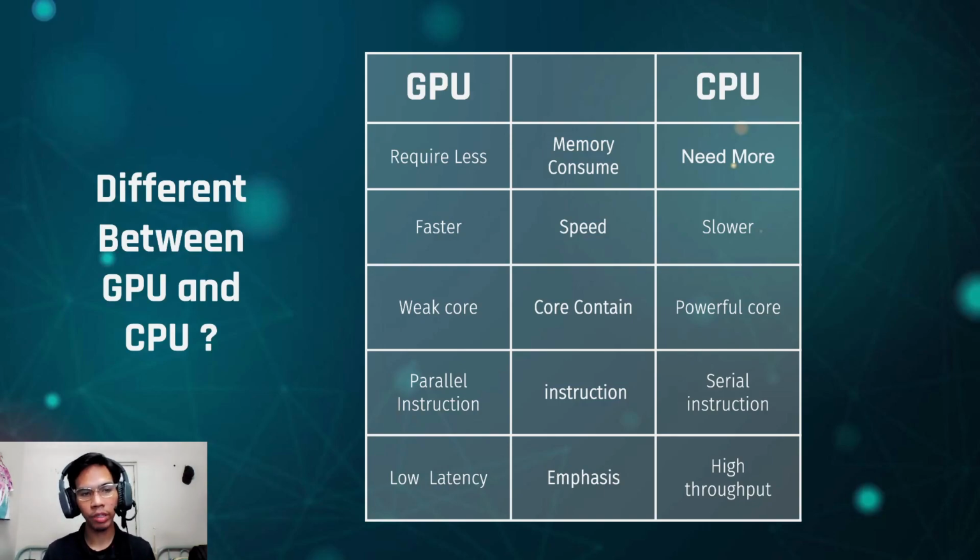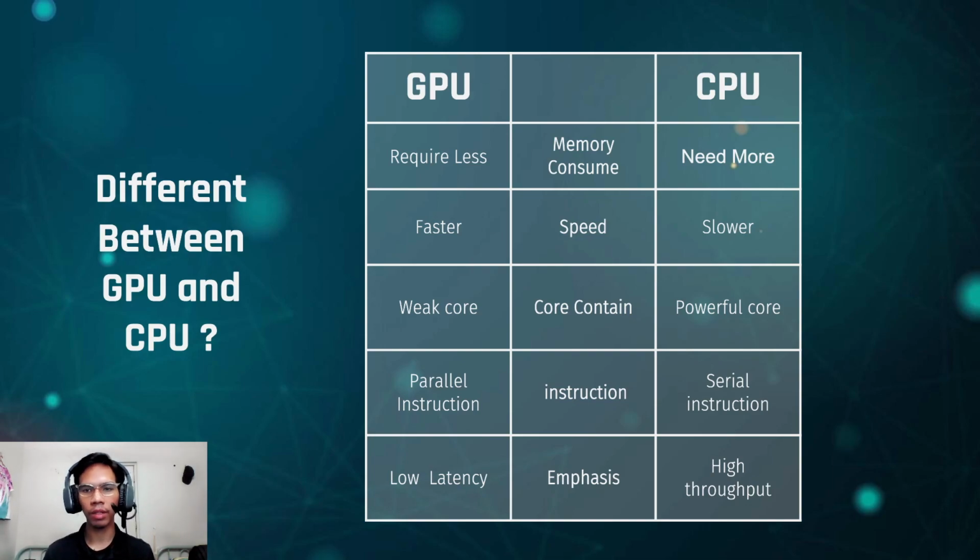Now we see the difference between the GPU and the CPU. The GPU is the graphic processing unit and the CPU is the central processing unit. There are five different aspects between them. The first is that the GPU requires less memory than the CPU, which needs more memory.